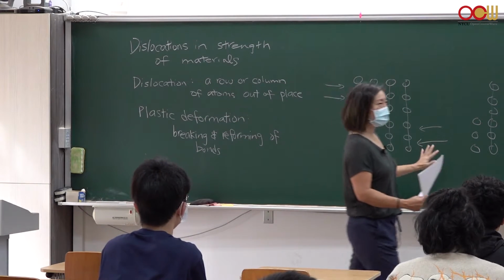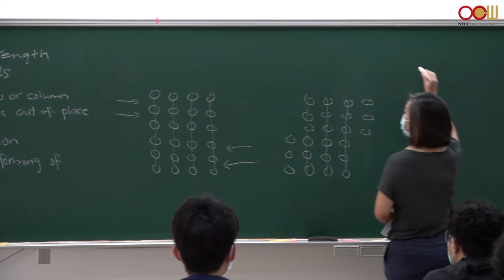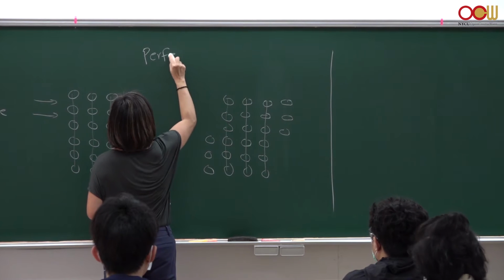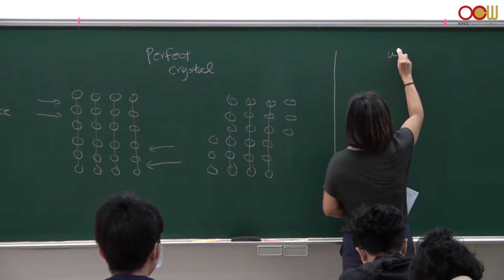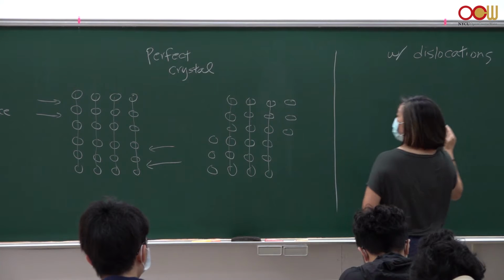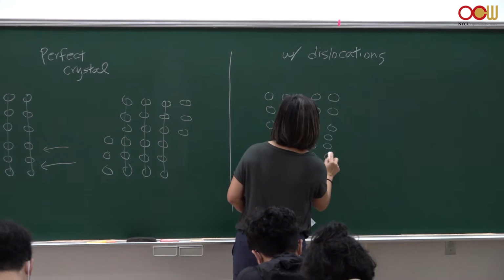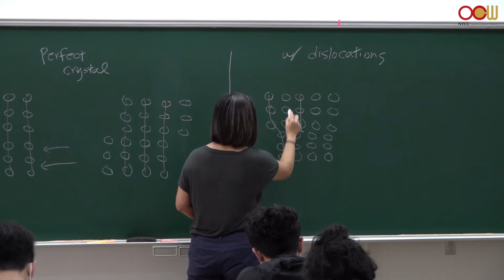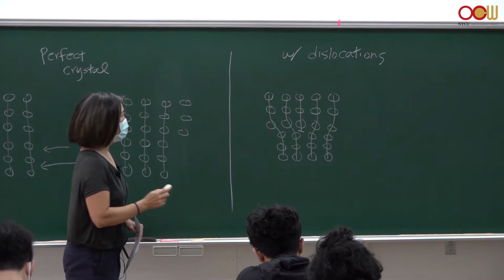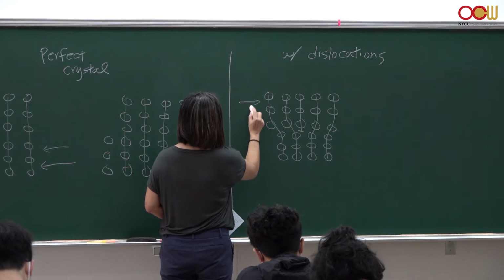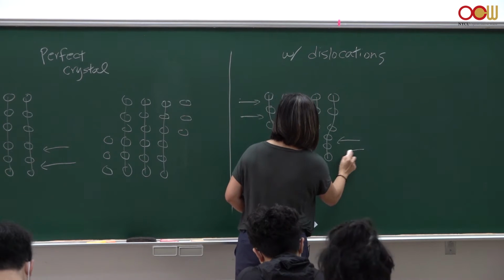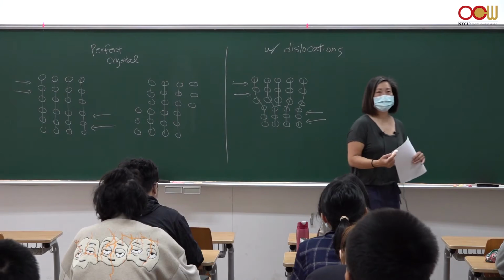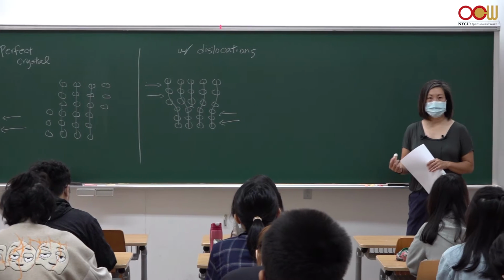So if we look at the same material but with a dislocation, so this is if we had a perfect crystal, and then if we have dislocations, something like this, and let's say this is my dislocation, so my atoms are connected this way. Okay, and again, I push on top, and I push on the bottom. What will happen is that I am going to get breaking and reforming of bonds.